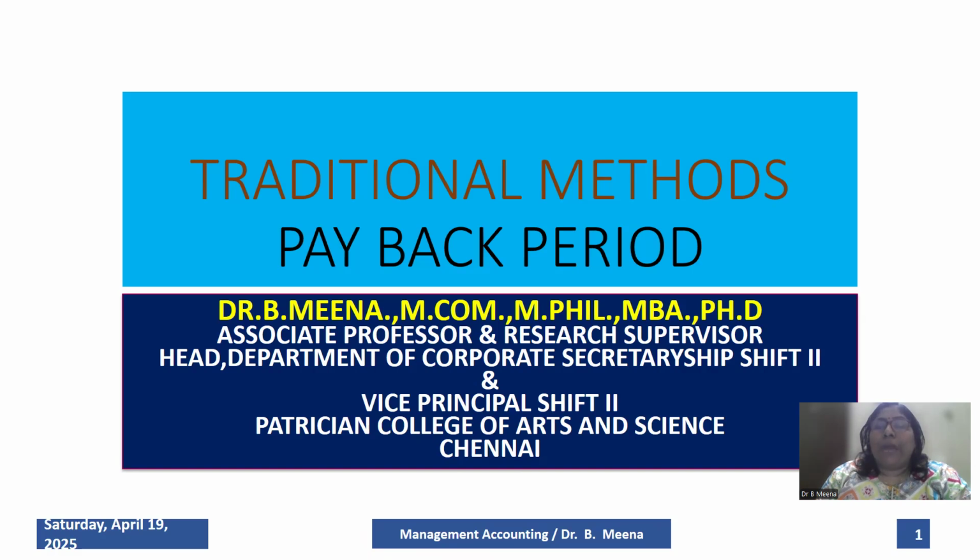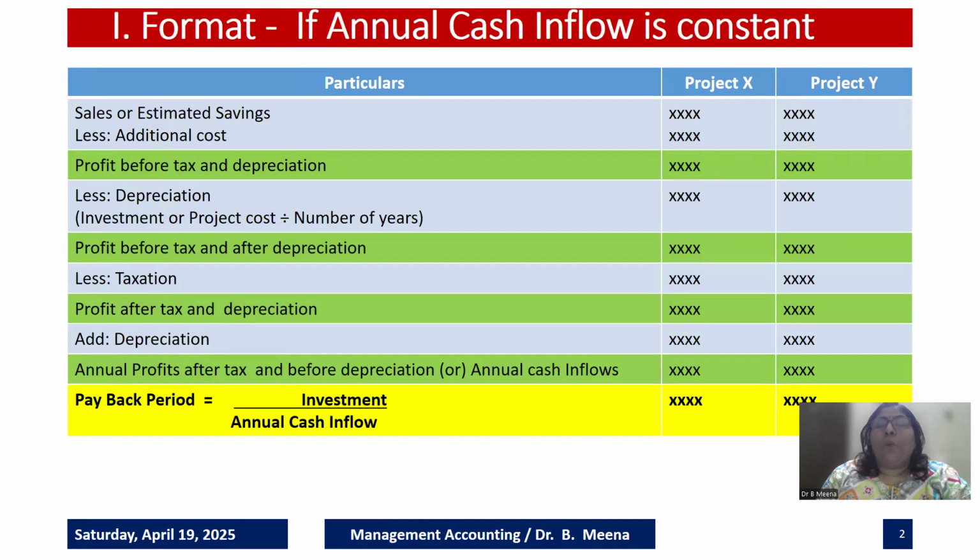Before we calculate the payback period, we need to check whether the annual cash inflow is readily available in the problem. If it is not available, we need to apply this format to calculate the annual cash inflow. Annual cash inflow is otherwise called profit after tax and before depreciation.